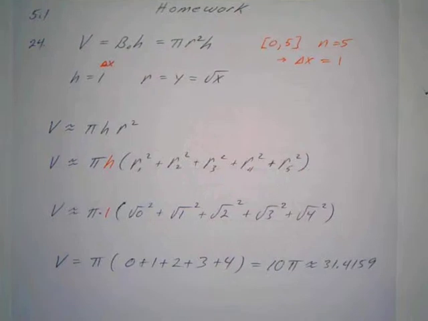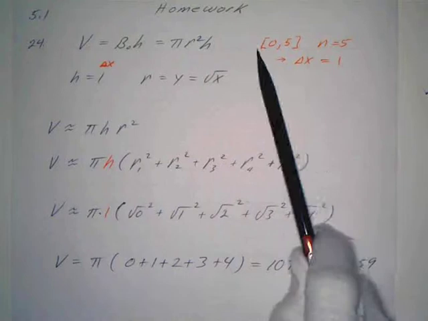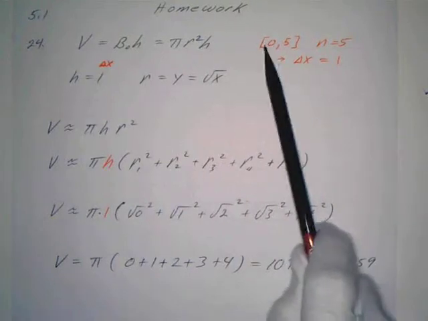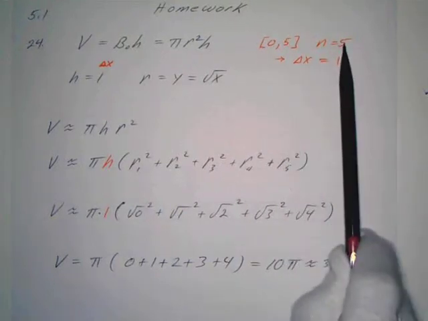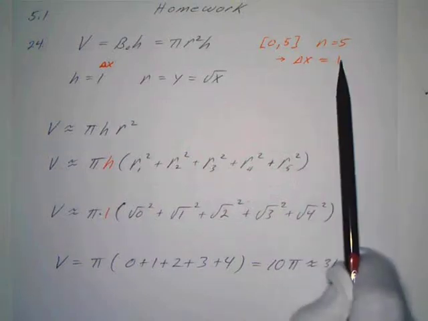And here we have it. Remember, the volume of each of those cylinders is base area times height, or pi r squared h. This is my interval 0 to 5, which represents 5 subregions. Each of those would be of length 1, which represents the height of each of those cylinders.